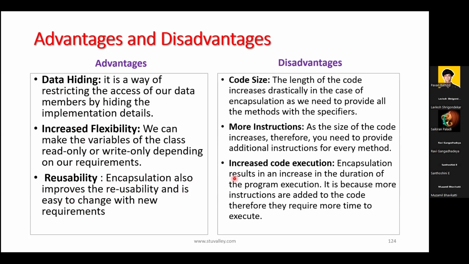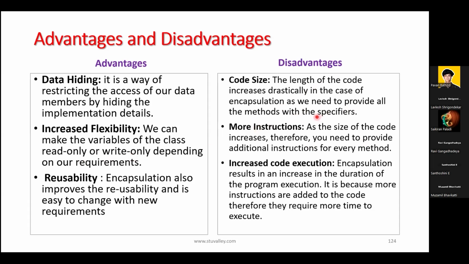Now, the disadvantages. The first one is code size. The more instructions you have to write, the more the code execution increases. Code size means the length of the code increases, because for each and every variable, you have to create specified methods as per the read only and write only functionality or access.